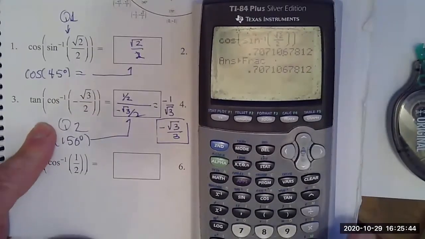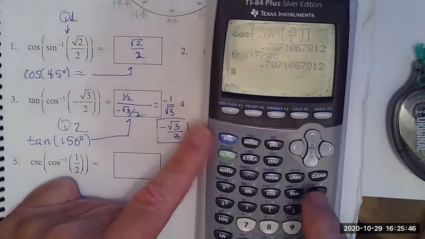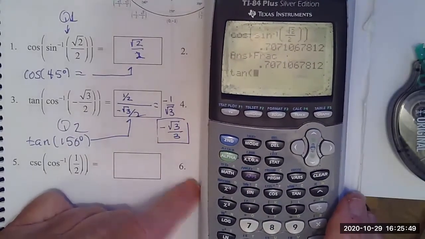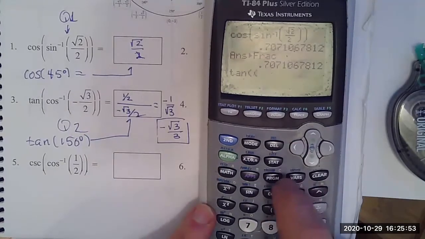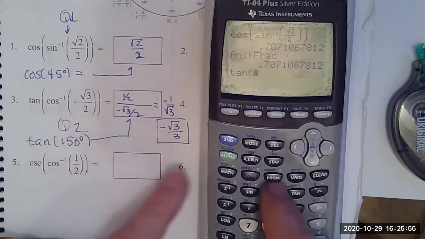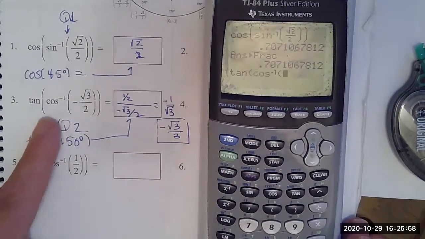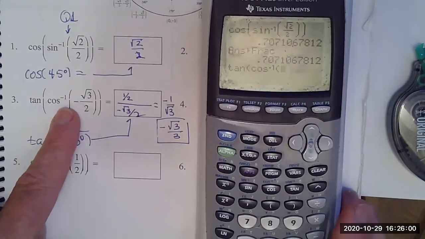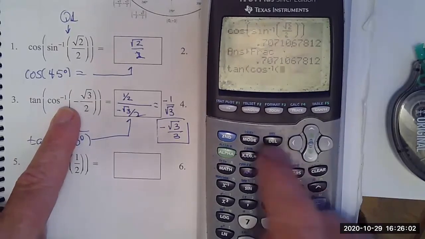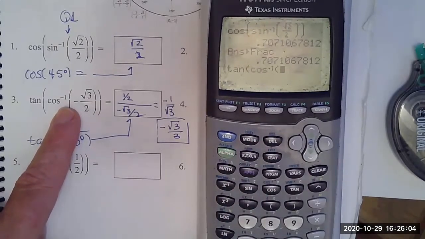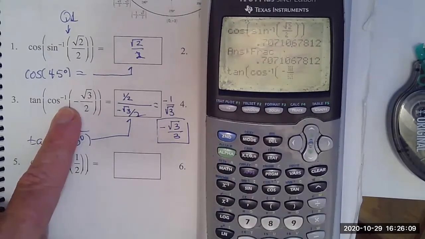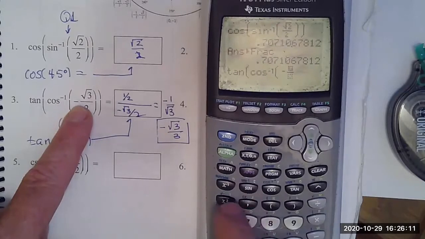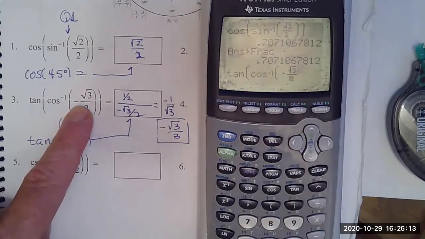Okay, let's see if it's true. I'm going to go tan of cosine inverse of negative fraction root 3 over 2.